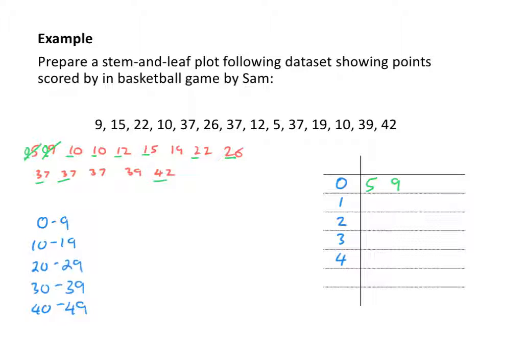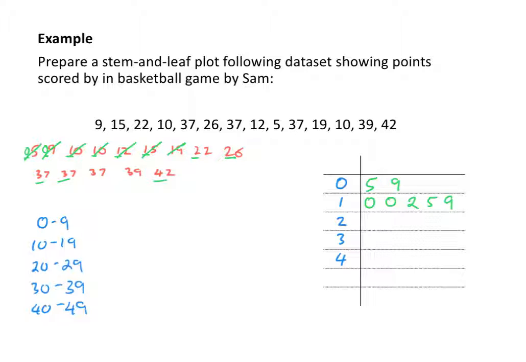Then I've got in my 1s, or in my 10s, I've got 10, 10, 12, 15, and 19. So I place 2 zeros for my 10s, then a 2 for my 12, a 5 for my 15, a 9 for my 19.